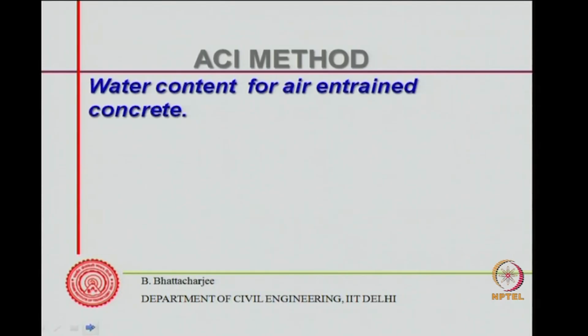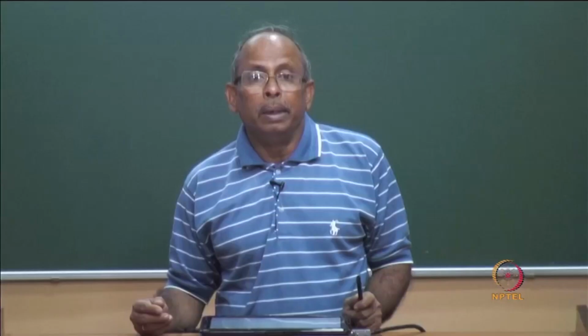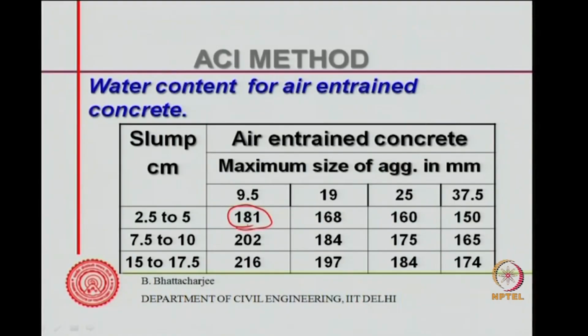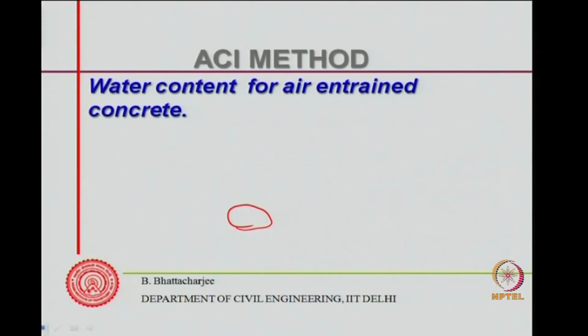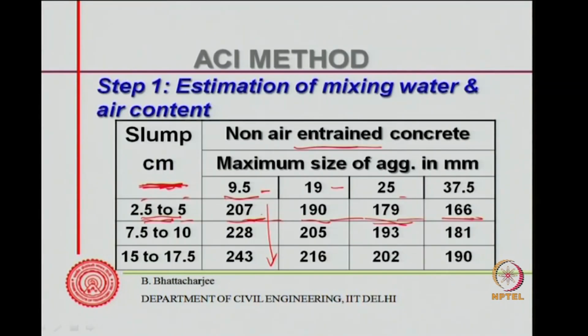For air entrained concrete, these water content values are somewhat less, because as I said, air entrainment tends to improve the workability. Therefore, this value is 181 for air entrained concrete, while for non-air entrained concrete the same value was 207.